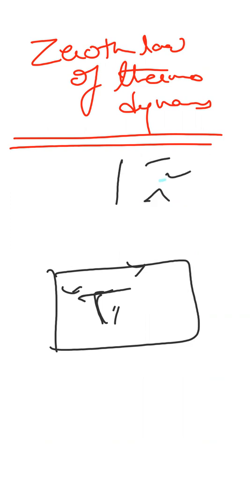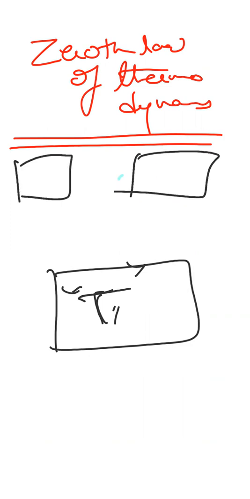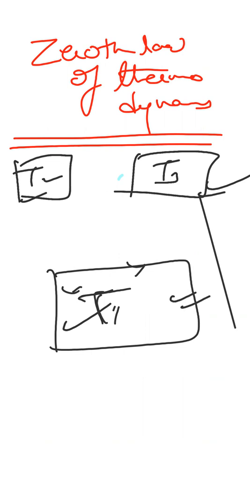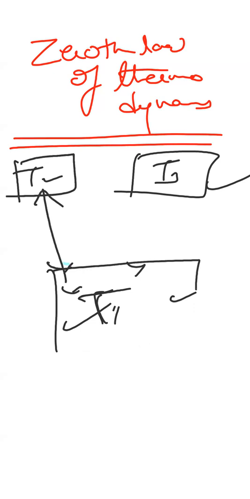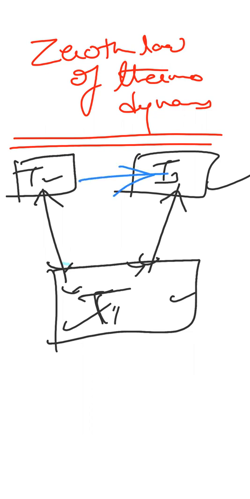So what they are telling is that if you have three bodies like that, and first you keep this body in contact with this one, and temperature will equalize, and then you keep this body in contact with this one separately, and temperature will equalize, then these two are in thermal equilibrium. If these two are in thermal equilibrium and these two are in thermal equilibrium, then these two will also be in thermal equilibrium. Like that, the zeroth law says that. Okay, that is the zeroth law of thermodynamics.